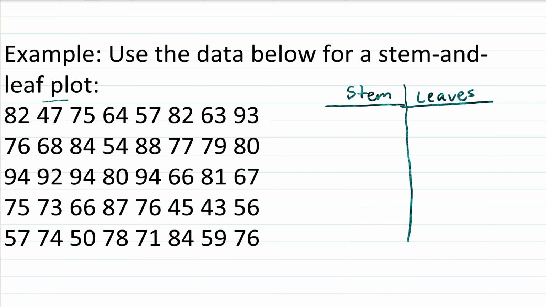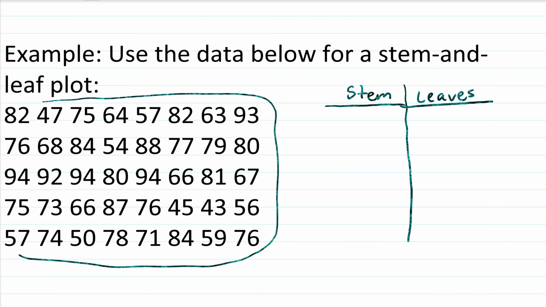So looking through all of this data, all the numbers, it looks like the smallest number is 47, and then looking through this, the largest number is 94. Well, actually, the smallest number is 43, right? And the largest number is 94.